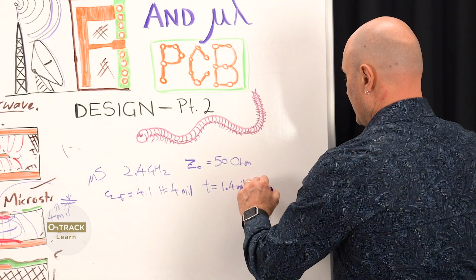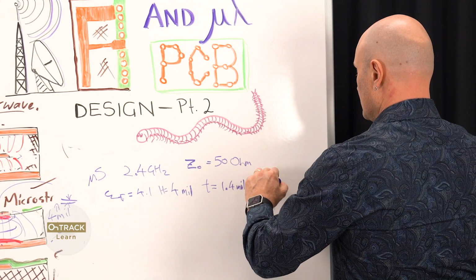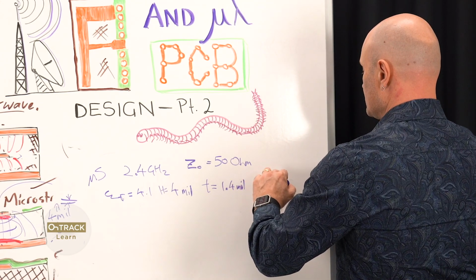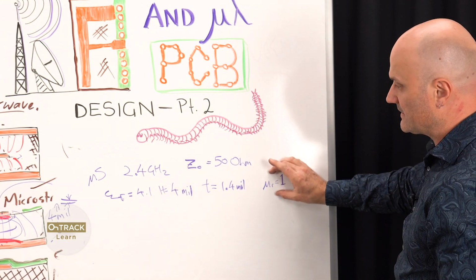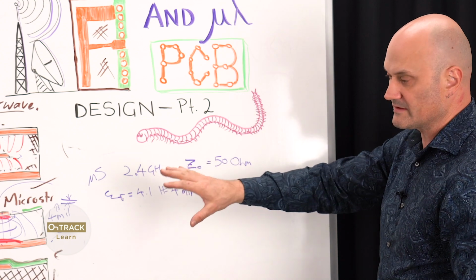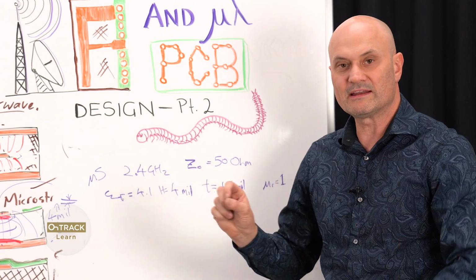Copper, by the way, has a relative permeability of 1, like most metals that are not magnetic, right? So that means we can ignore the magnetic effects. There's no magnetic effect in copper, but just pay attention to that.